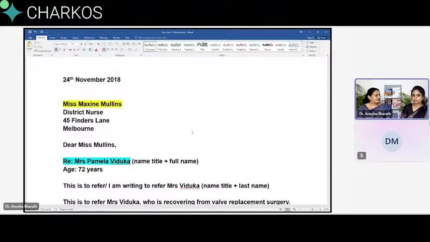The third paragraph includes the details of past medical history and the social background. The fourth paragraph is all about the discharge plan, where you are requesting the concerned person. In this case, it is monitoring medication, and there are a few assessments to be done, which you have mentioned. It is very important to mention the medication details.